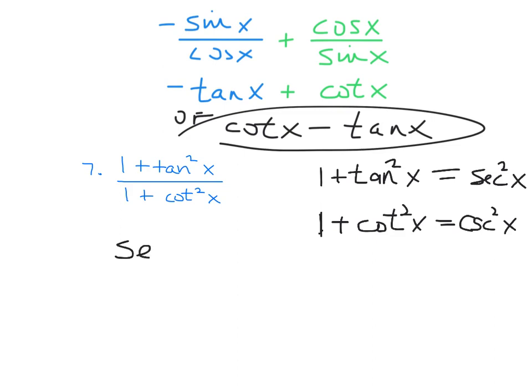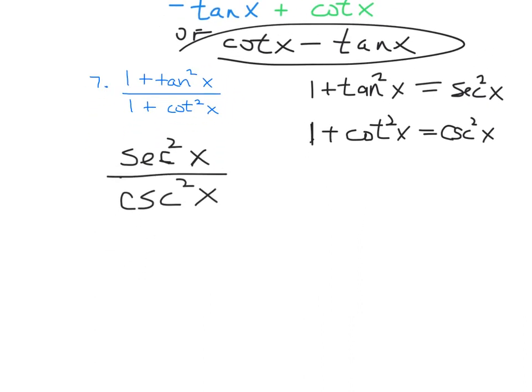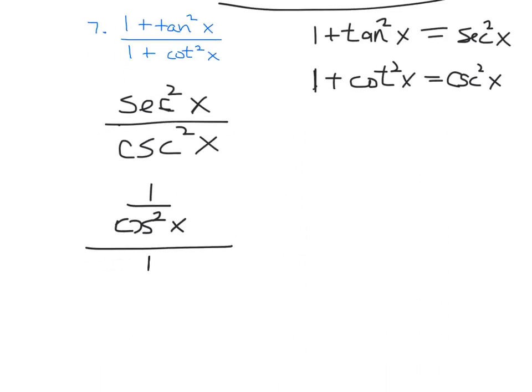So it's now secant squared x over cosecant squared x. I'm now going to replace each of these with their reciprocals. So my numerator is going to become 1 over cosine squared x, and my denominator is 1 over sine squared x.